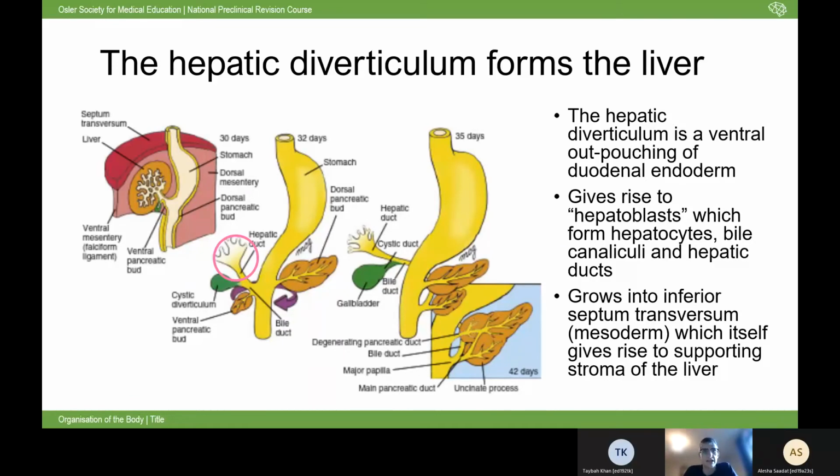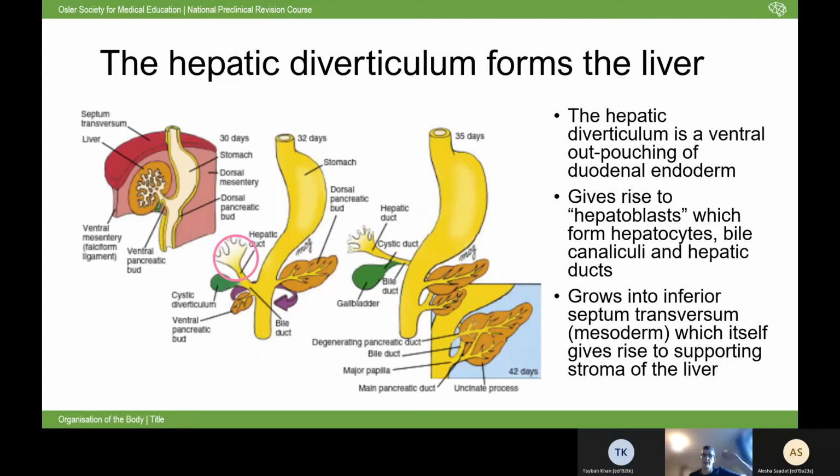And within the area of the foregut, we get these really important outpouchings, these diverticula, which form key structures. So the hepatic diverticulum forms the liver. The diverticulum itself gives rise to hepatocytes, the bile tracts and ducts via these intermediate cells called hepatoblasts. The outgrowing diverticulum grows into the septum transversum.